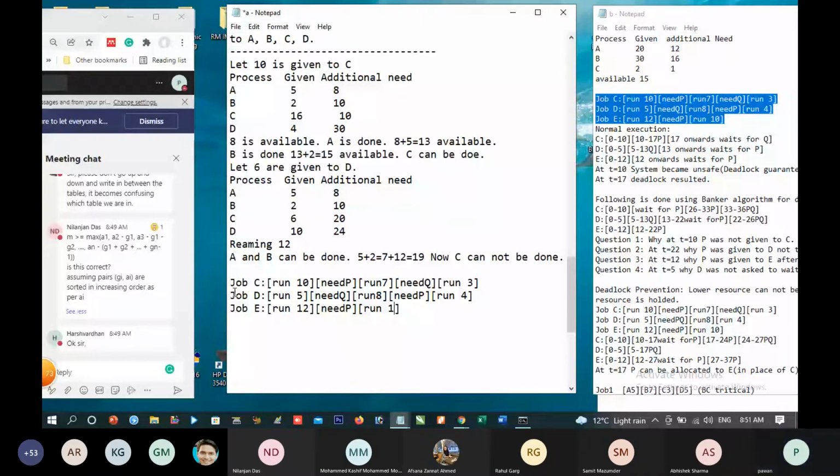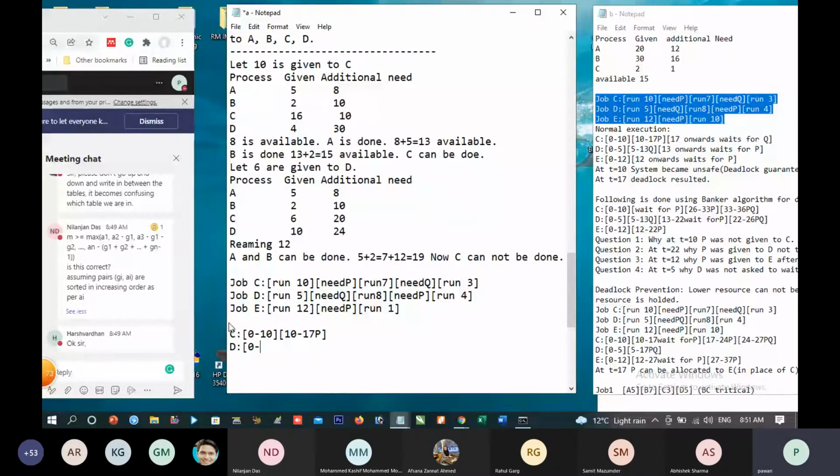C will execute from 0 to 10. And afterwards, it will execute from 10 to 17 with using P. Now, D will execute from 0 to 5.